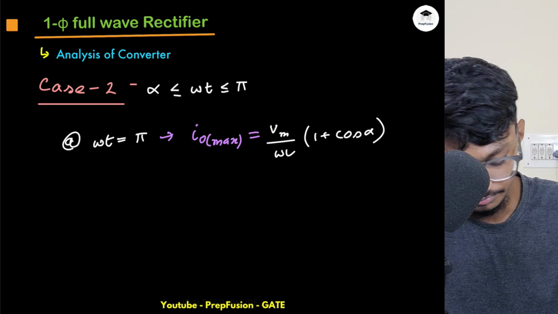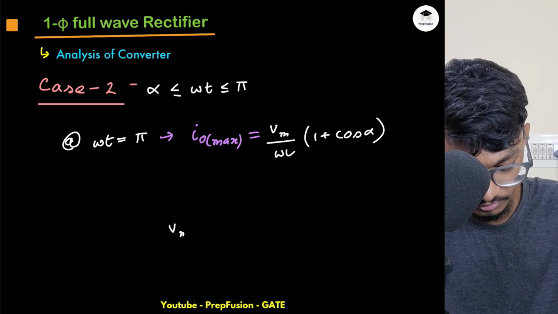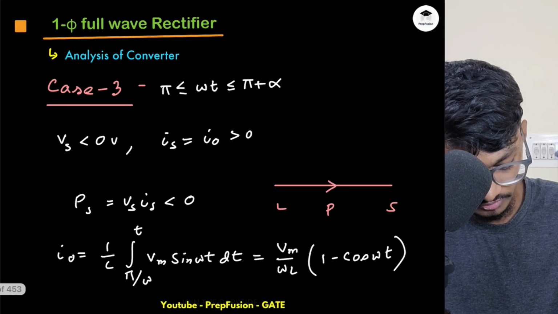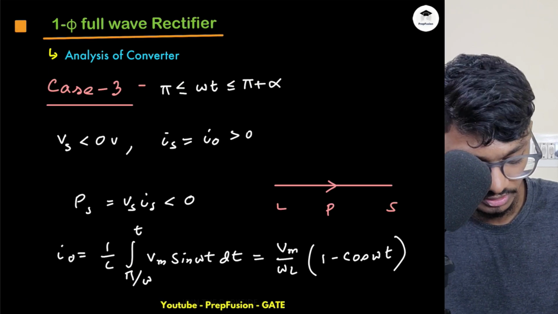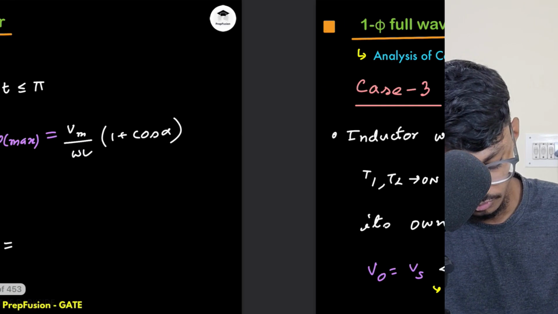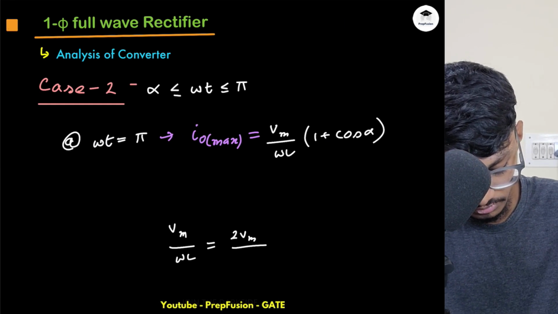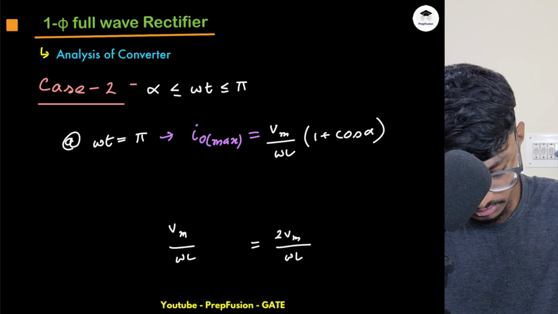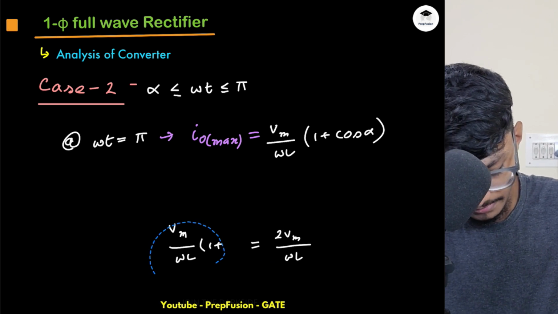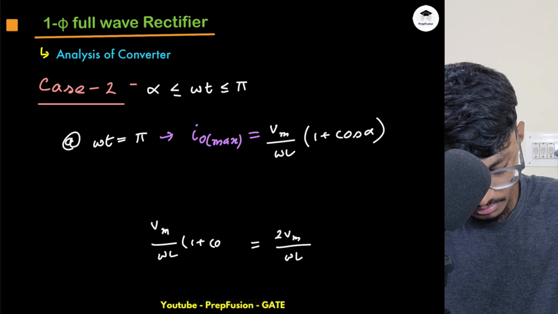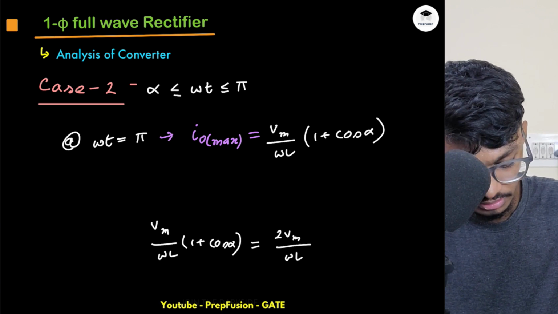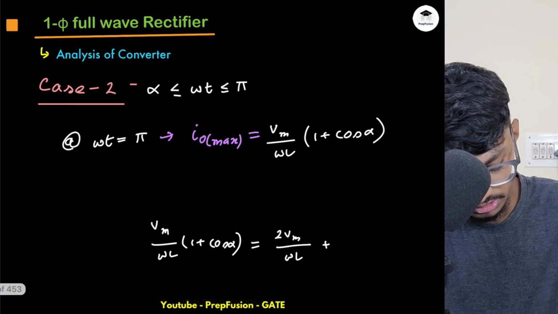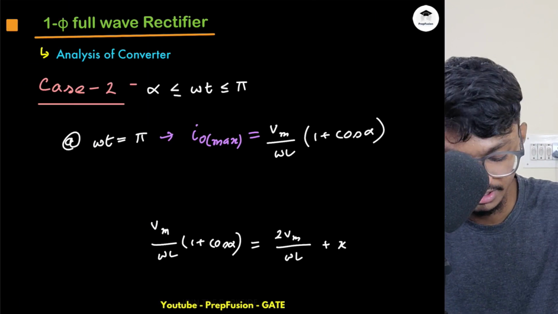So Vm upon omega L should be equal to, at omega t equals to pi, this value, 2 Vm upon omega L, and obviously I have to put here cos alpha, 1 plus cos alpha, and plus some x value I have to add because that is the initial condition of integration, right?